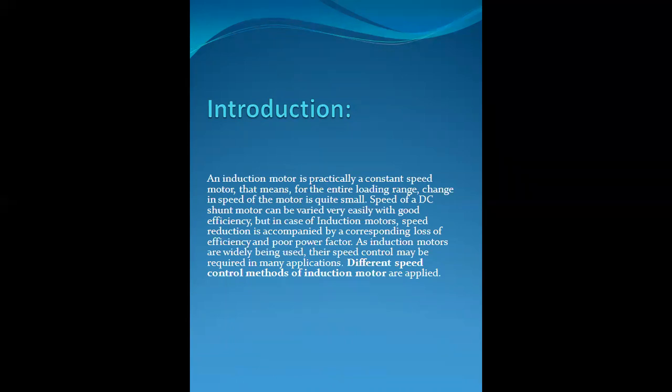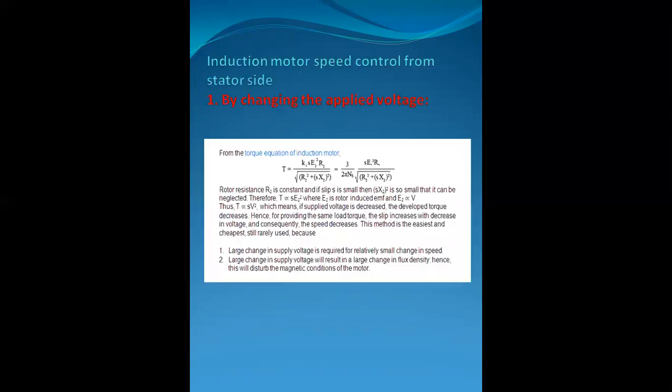But in the case of induction motors, speed reduction is accompanied by a corresponding loss of efficiency and poor power factor. As induction motors are widely used, their speed control may be required in many applications. Different speed control methods of induction motors are applied.